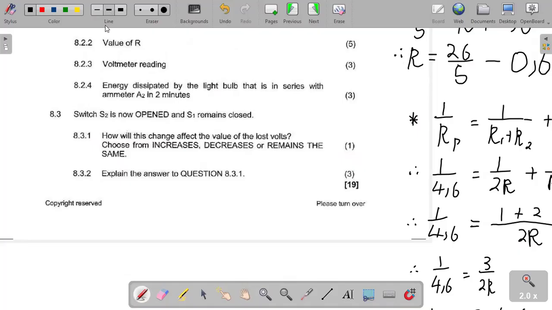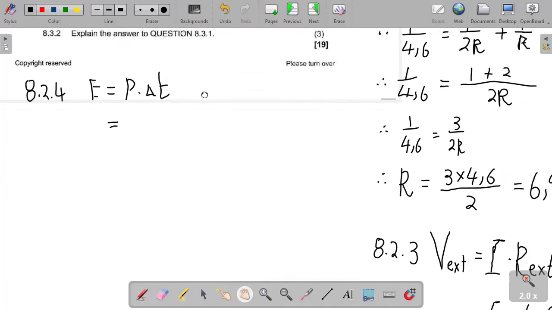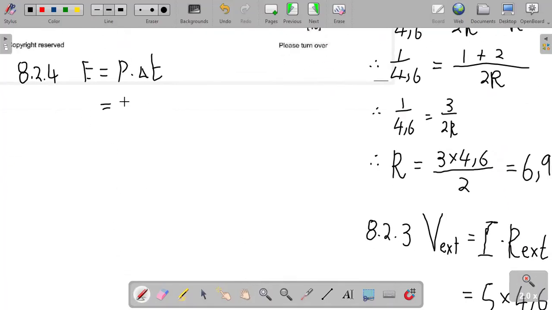Okay, so the equation for energy, 8.2.4, the energy is going to be equal to power multiplied by time, and power is the same as V squared over R, and then we multiply that by time.